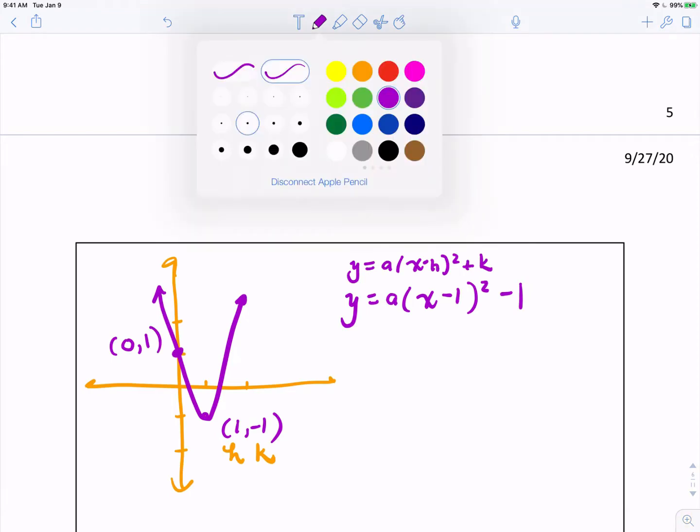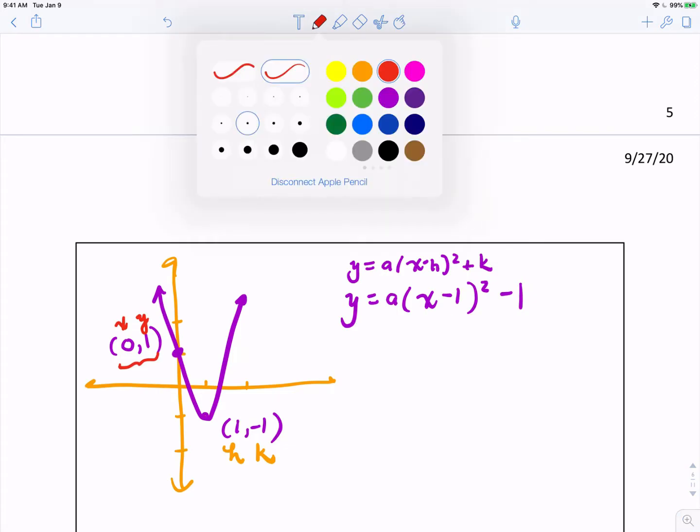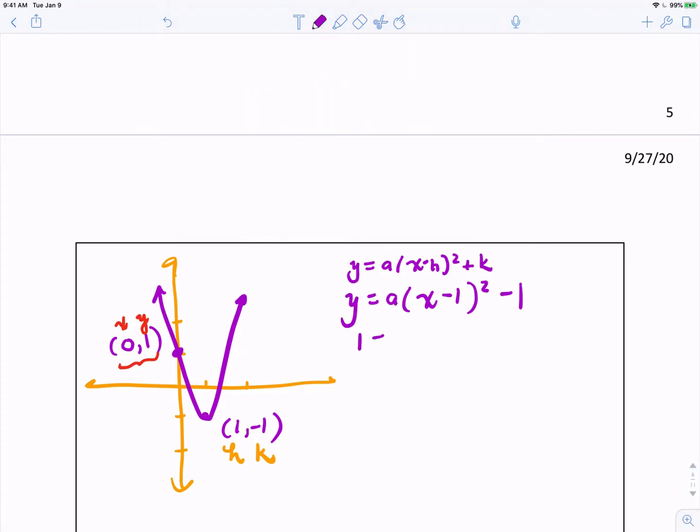The next thing we're going to do is pick a point on the parabola. I said the parabola passes through the point (0, 1), so I'm going to plug in 0 for x and 1 for y, and solve for a. That gives us 1 = a(0 - 1)^2 - 1, and 0 minus 1 is -1 squared.